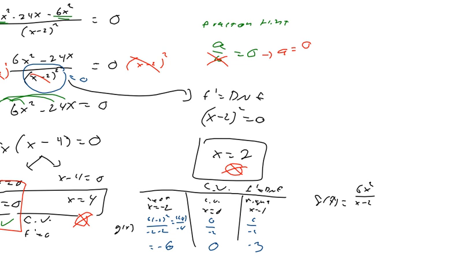So here's my max, and this side is the min. So there's our function, our maximum at 0, our minimum at -2.